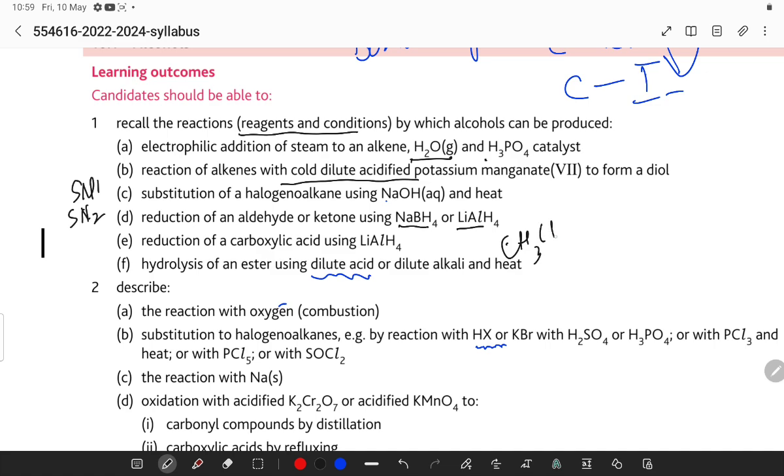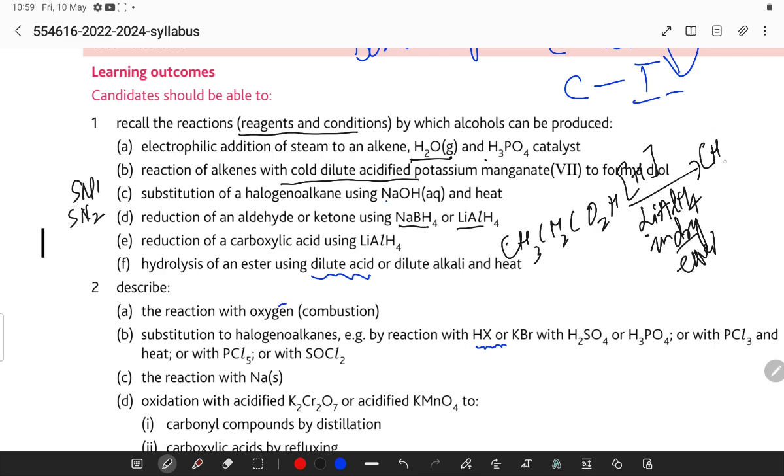So CH3 CH2 CO2H, and when we reduce this in the presence of hydrogen and LiAlH4 in dry ether, to form CH3 CH2 CH2OH, propanol.